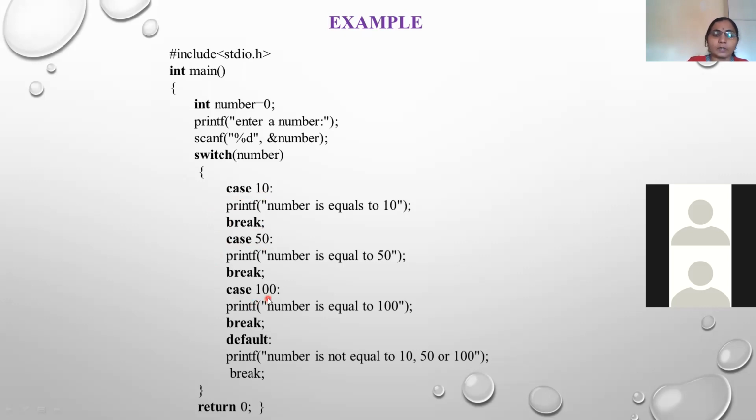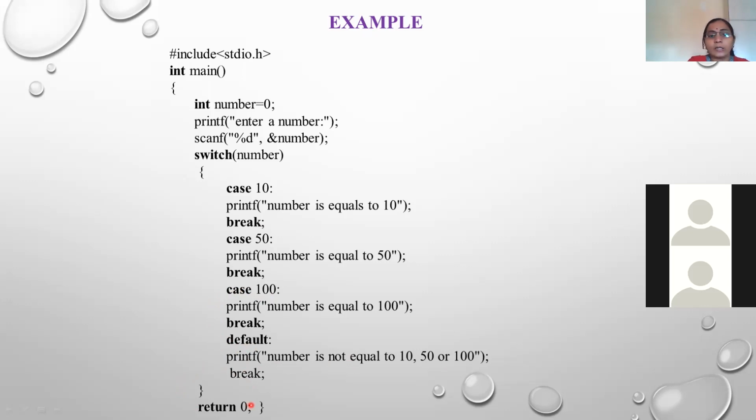Again the comparison is 12 equal to 100, and again the numbers do not match. Therefore this block is skipped, and finally the control enters the default block. And here the final output is number is not equal to 10, 50 or 100. Break, and due to this break the control is out of the switch body.